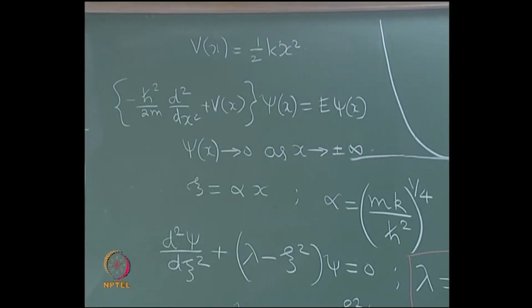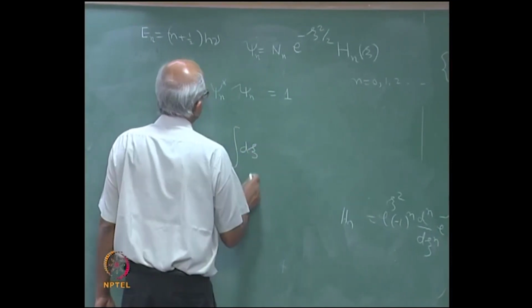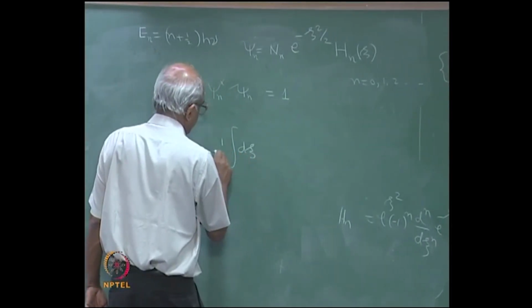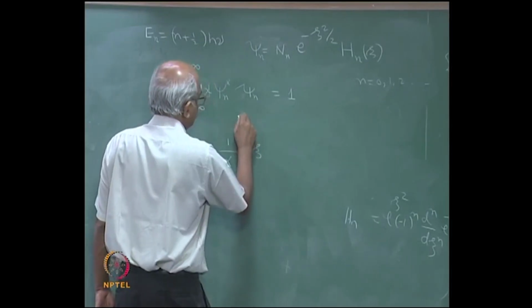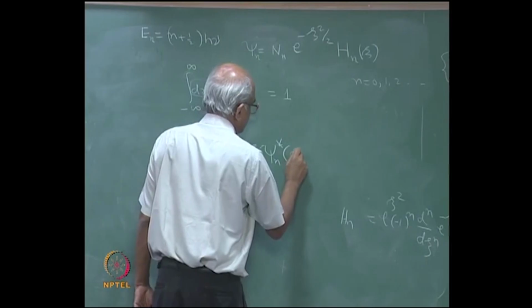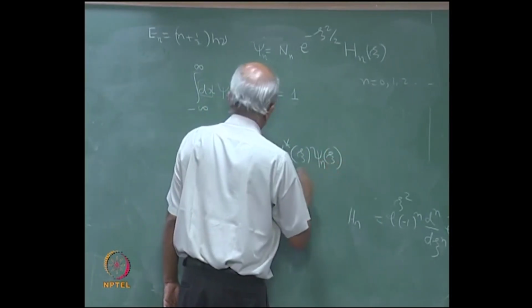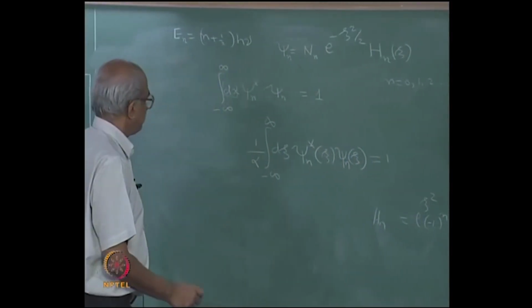So, therefore, you will have integral dc divided by alpha. So, let me put a 1 by alpha here, minus infinity to plus infinity psi n star of c, psi n of c equal to 1. This is the condition that I need to satisfy.